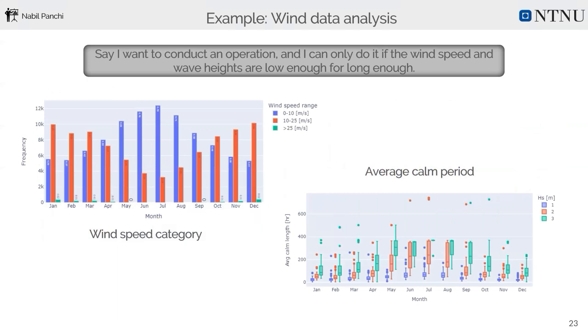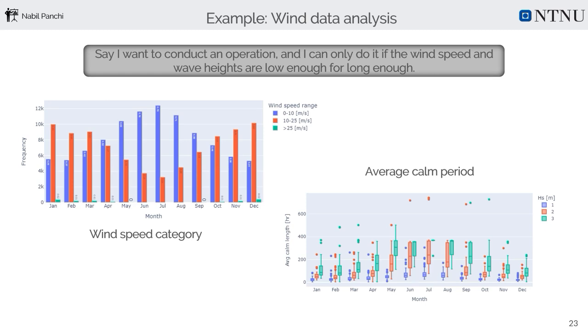Okay. Now we come back to our question again. The question was, if I want to conduct an operation, what I want is, I want the wind speed to be low enough, and I want the waves to be low enough, and I want that to happen for long enough to be able to operate there, right? So I was trying to find, okay, there are three categories of wind speed: 0 to 10 meters per second, 10 to 25 meters per second, and more than 25 meters per second.